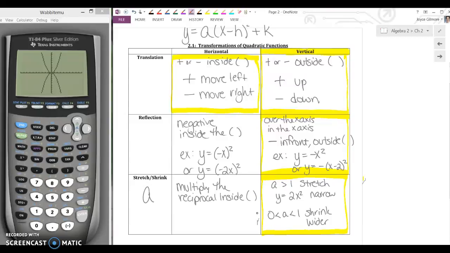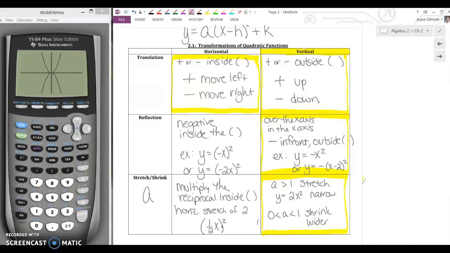It has to be backwards, messed up somehow because it's a horizontal transformation, and all horizontal transformations are kind of screwy. So if we want to do a horizontal stretch by a factor of 2, it would actually be 1/2 x in the parentheses squared. You would multiply by the reciprocal inside the parentheses.